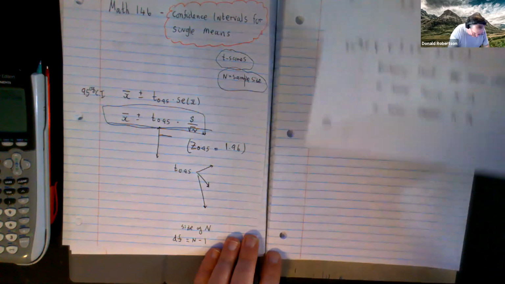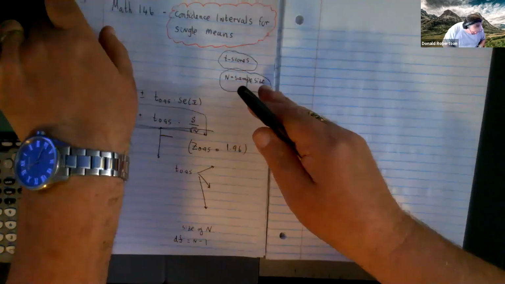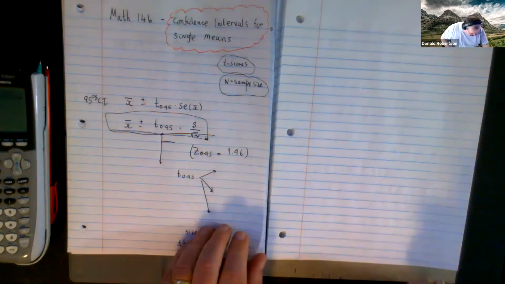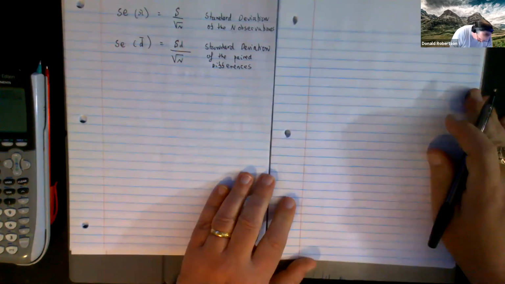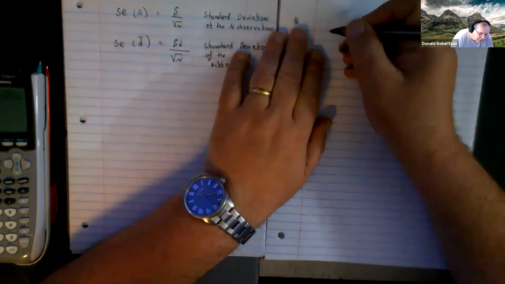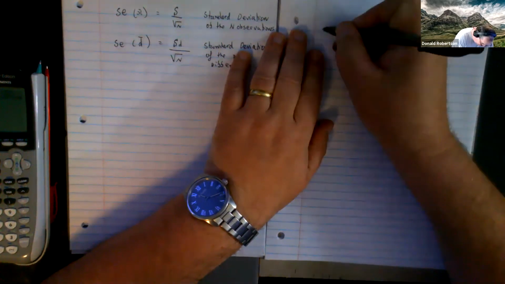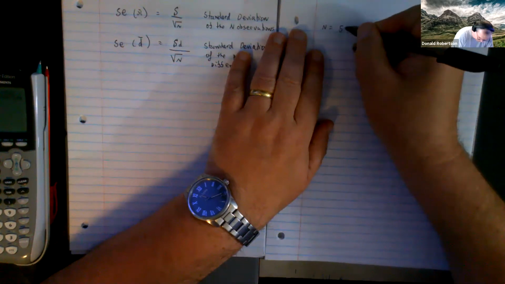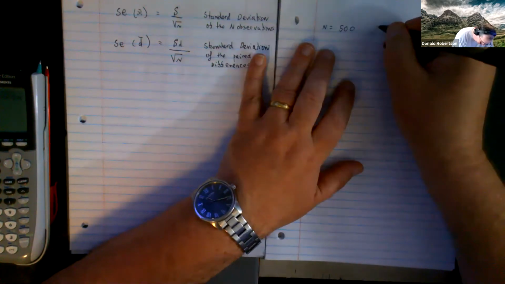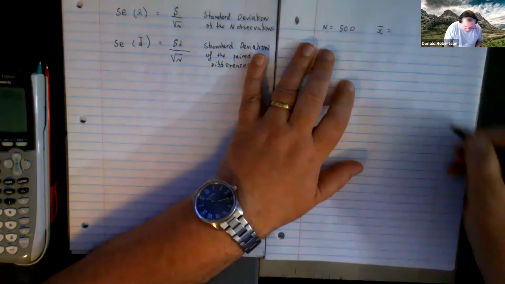So let's look at one more of these, and then I'll have a shot at showing you this fella. Let's suppose we took a sample of 500 adults, and we measured, I'll make this up, their cesium level in their blood.